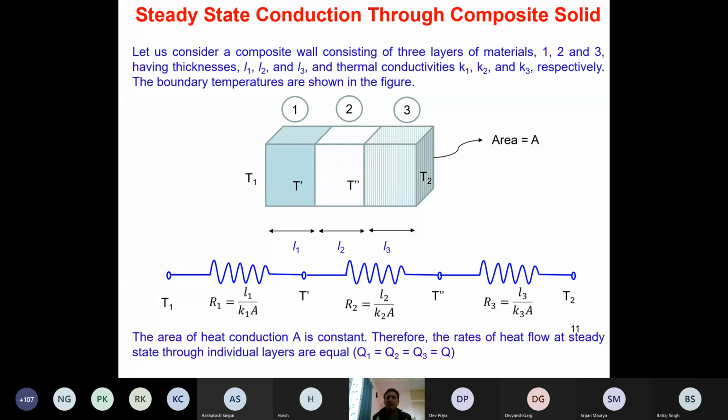Now, let us apply Fourier's law of heat conduction to a composite solid wall. Here you can see there are 3 composite walls.